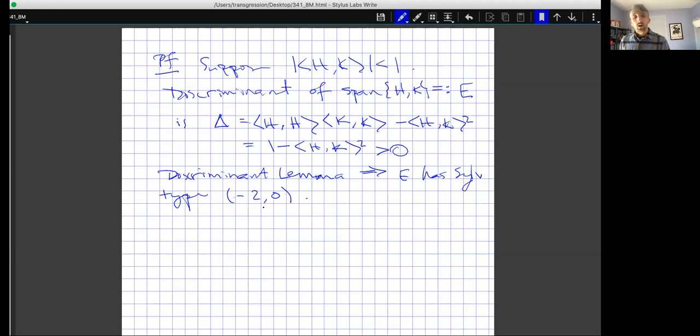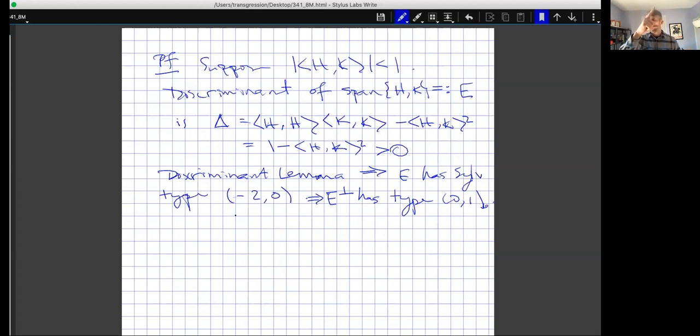Okay, how does that help us? Well, it allows us to compute the Sylvester type of the orthogonal space of E, right? And that is necessarily going to be type 0, 1. Okay, and now, gosh, where are we here, right? We're in SL2R, and I'm taking this plane E, and then I'm taking a normal to it, and it has type 0, 1.